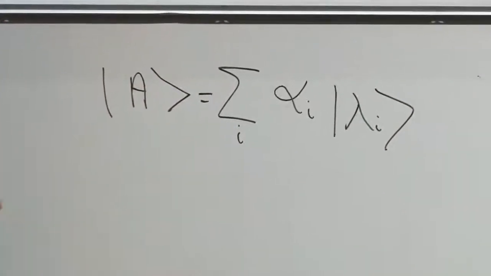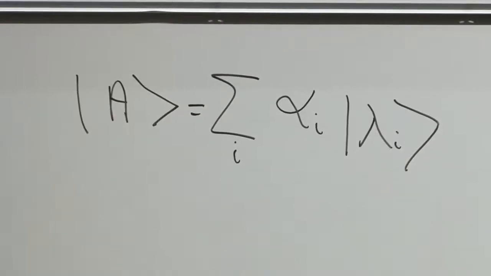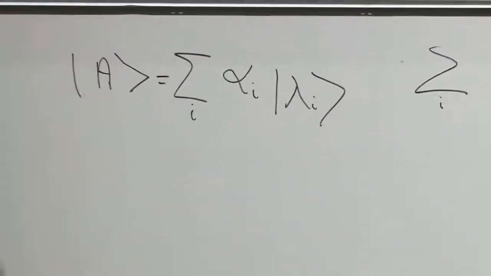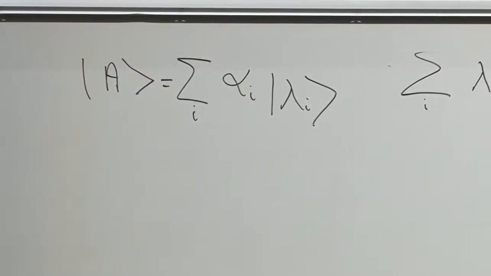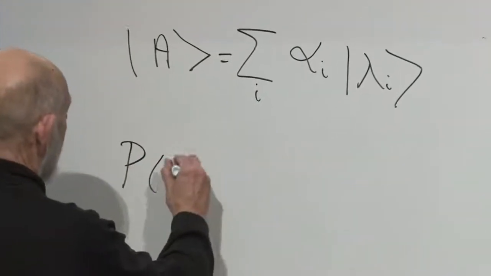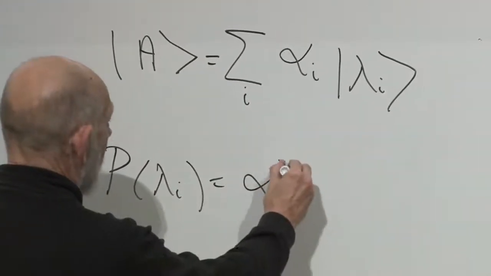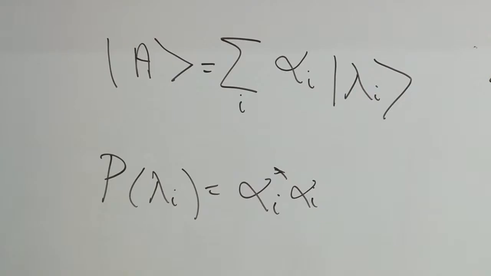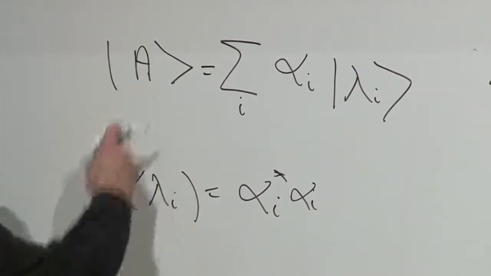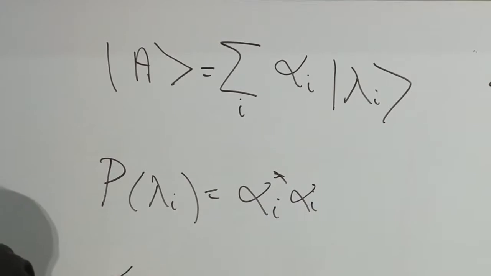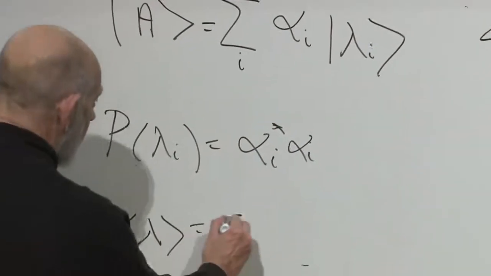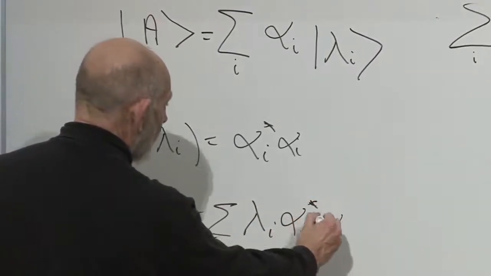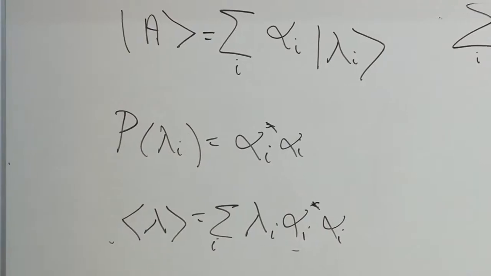Remember that the lambdas are an orthonormal basis. What is the probability of lambda in the state A? The probability for lambda i is equal to alpha i star alpha i. All right? And the average of lambda is the sum over i of lambda sub i, alpha i star alpha i. All I've done is plug in.